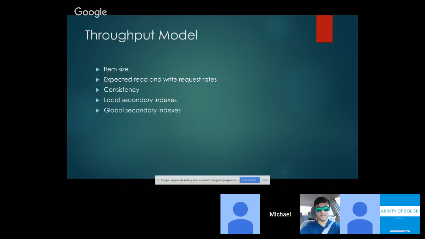Regarding the throughput model, the throughput model is differentiated by item size, expected read and write request rates, consistency, local secondary indexes, and global secondary indexes.